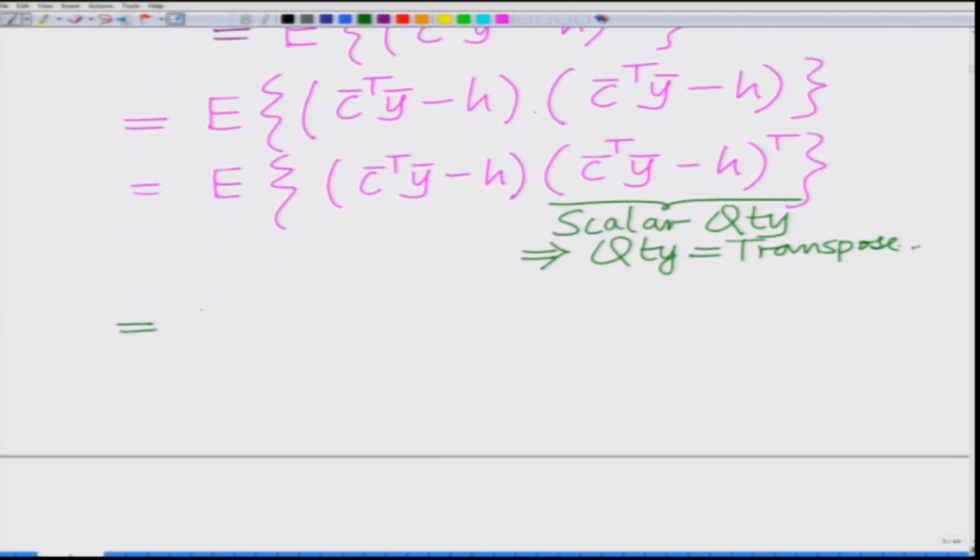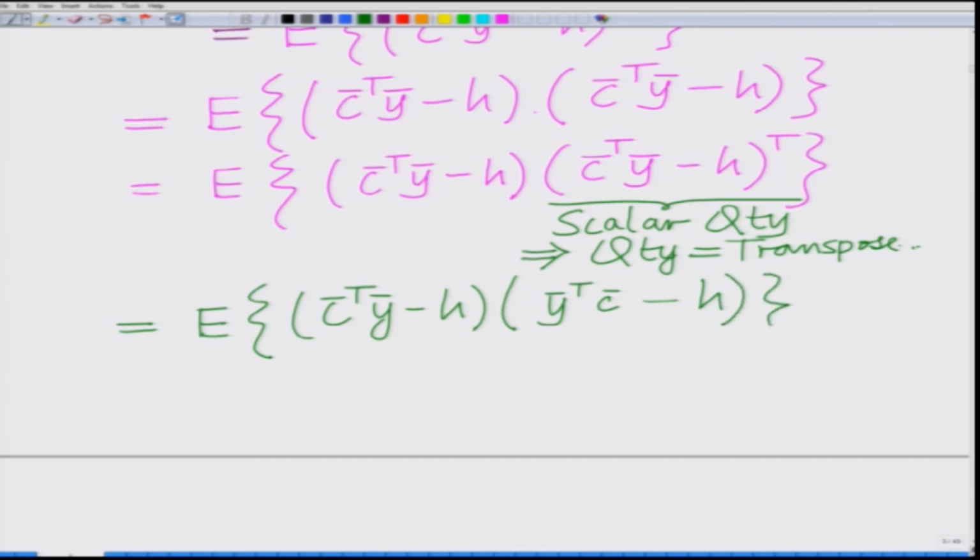Now, we can simplify this further as the expected value of C bar transpose y bar minus H times y bar transpose C bar minus H, since the transpose of C bar transpose y bar is y bar transpose C bar, and H is a scalar, so H transpose is H. Now we expand this product term by term.